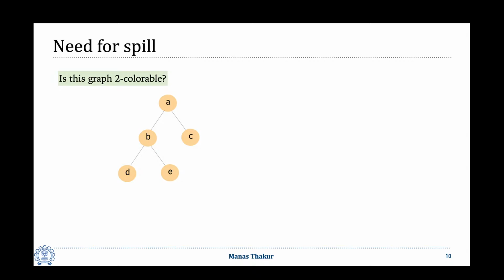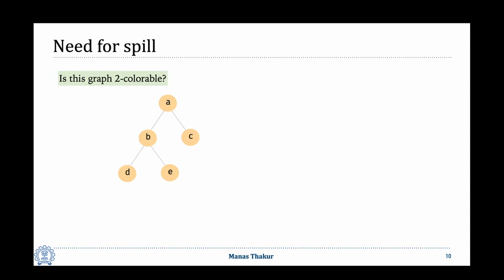Let's say D, and I note down D here, because I know that D I will be able to allocate registers, it does not interfere with k or more neighbors. Then I have E here, so let me list down E. Then I have C and B, well both have become removable, so I can just say C, and then let's say B and A. So my graph became empty, right?